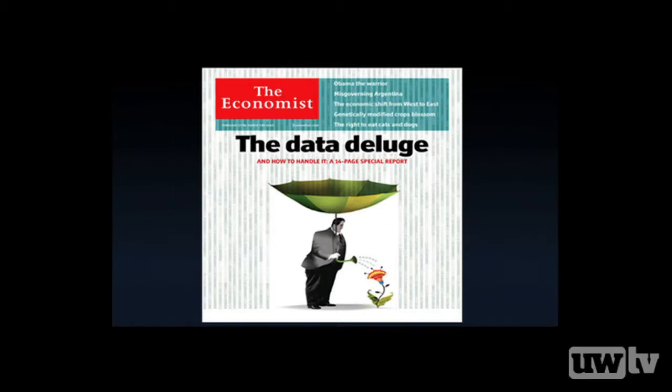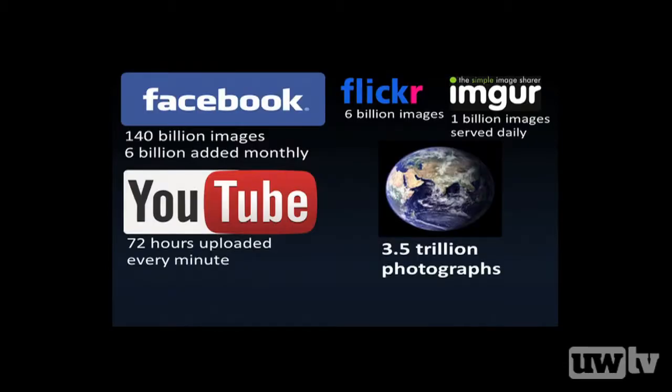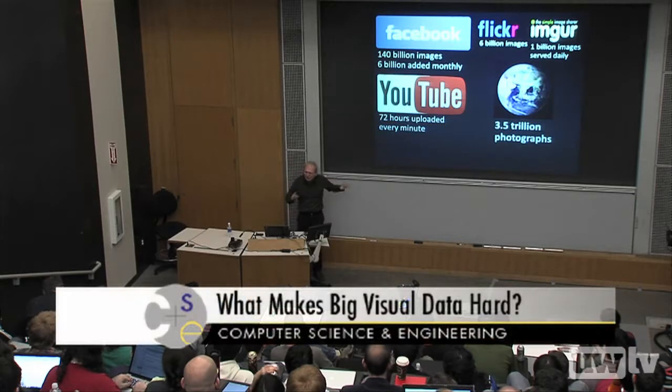The Economist is warning about the data deluge. There's all this data that's being thrown at us, and much of it is visual data. You have probably heard all these statistics about Facebook and Flickr, how many images, how many videos. YouTube says 72 hours of video are uploaded every minute. That means that a lot of those pixels will never be seen by a human being.